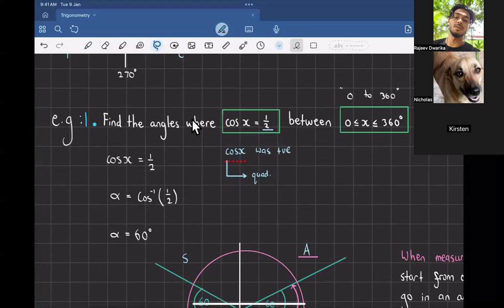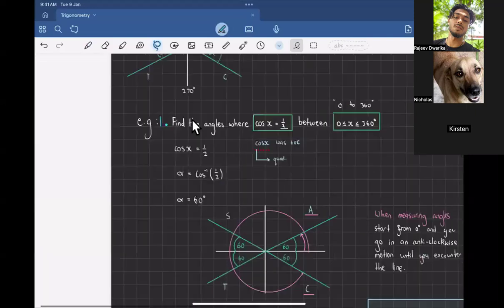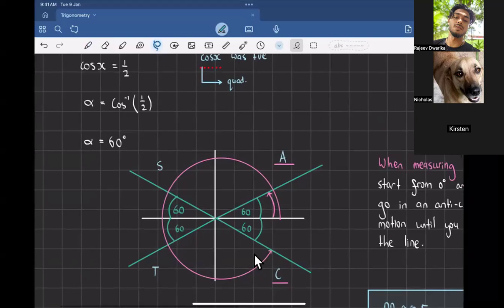So we have cos x is equal to a half. So my reference angle will be the inverse of a half, so my reference angle is 60. The reference angle is just the inverse, the positive, and that is in the first quadrant. Let me know if you're with me so far. So I know that 60 is over there.